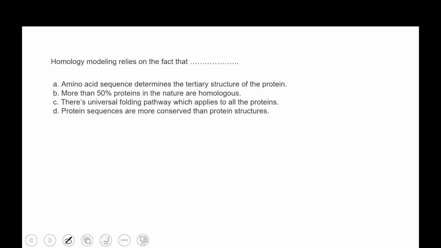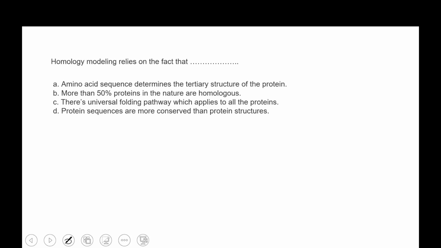Please try to answer. So the first option is, amino acid sequence determines the tertiary structure of the protein.